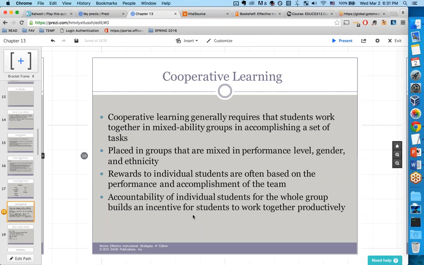Also, we always want accountability of individual students. If they're working in this group, we need to make sure everybody in the group is contributing to the group work, and productively as much as possible. So you may provide incentives for this.